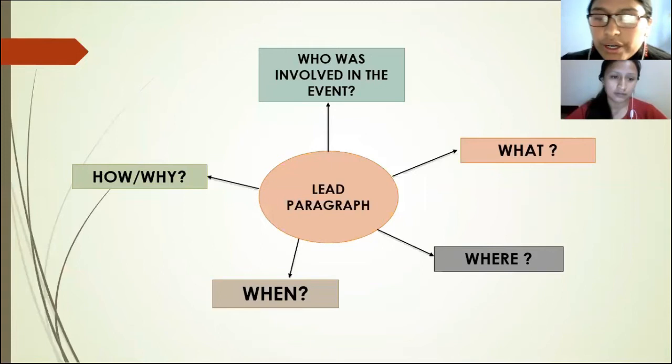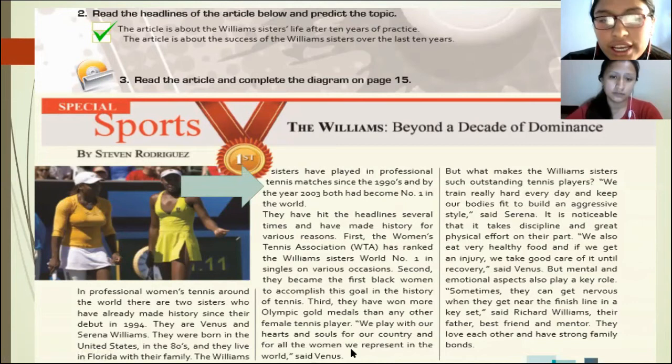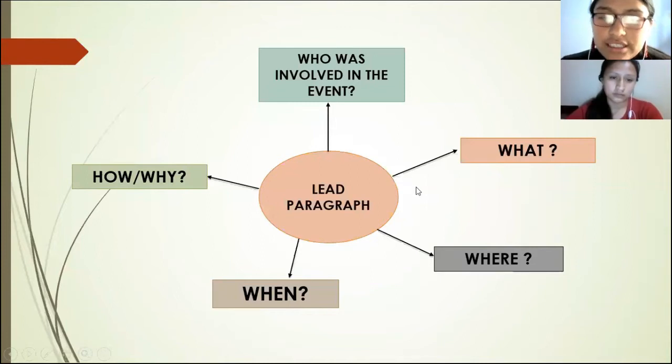Now we're going to work with this map and this graphic organizer. What you are going to do is just read the left paragraph. As you know, the first paragraph is the left paragraph, right? So you are going to read the first part and try to answer all of these WH words that I have here. For example, who.